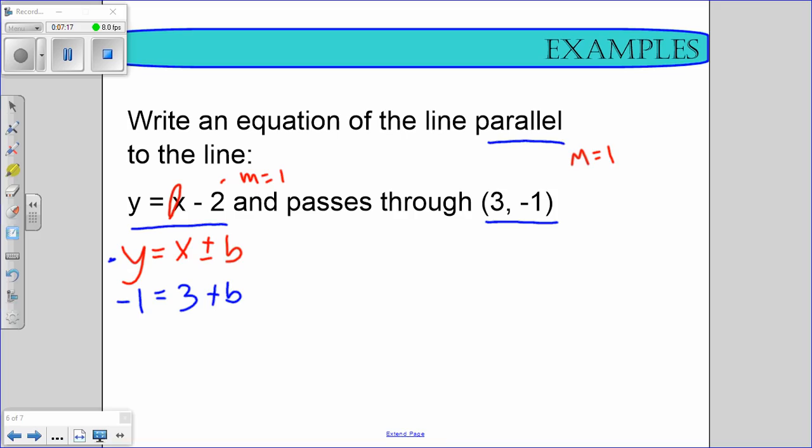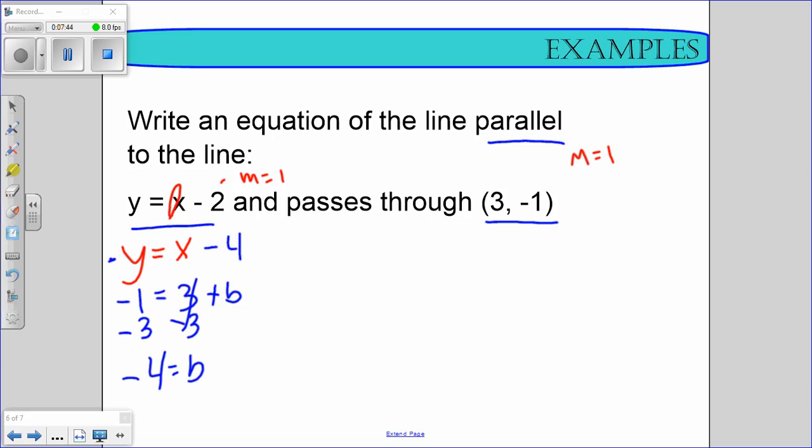Now I have an equation with one unknown, b, that I can solve for, right? So I can subtract 3 on this side, subtract 3 on this side, get -4 for b. So then we'll come up here, put in -4. So then my final answer would be y equals x minus 4.